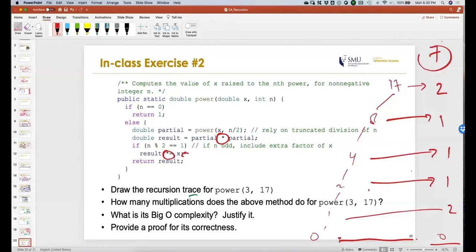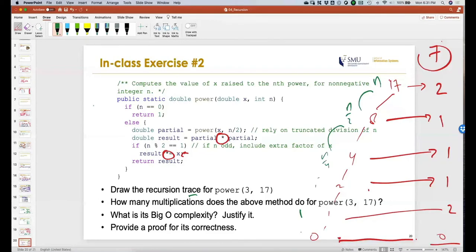So what is the complexity? Log n. Okay, all right, so explain it. How do you get log n? So you can divide n by 2, n over 2, right? n over 4, all the way until you get to 1, and then you go to 0, right?